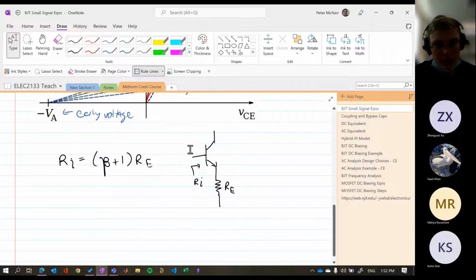So it gets multiplied by beta plus 1 into the base, or you can divide the base by beta plus 1 to get it into the emitter, and that works just as well.